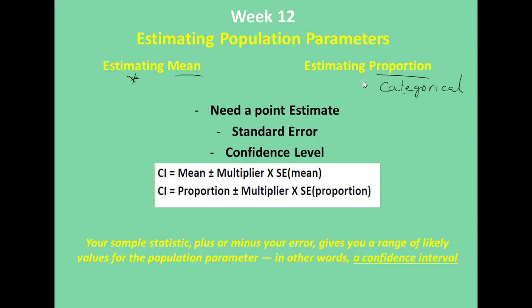Under proportion, you could still measure the level of income, but by using categories.